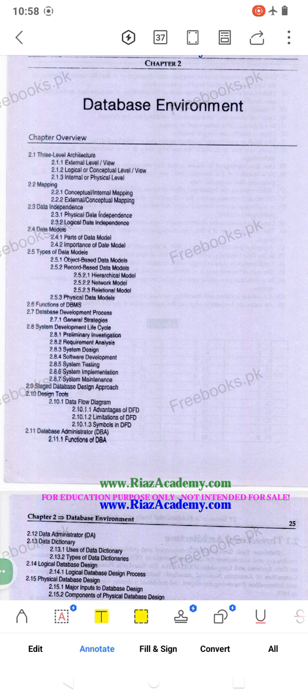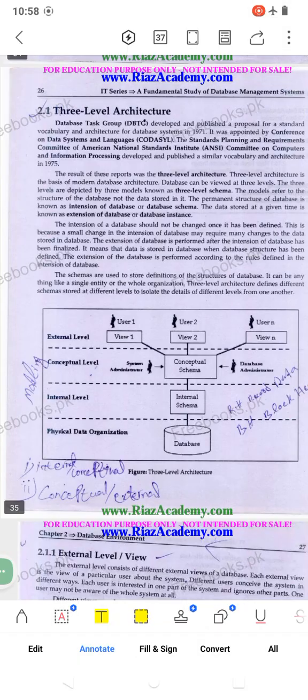Okay, let's start. First one, what is a 3-level architecture? First of all, we will study the 3-level architecture, also called ANSI SPARC architecture.